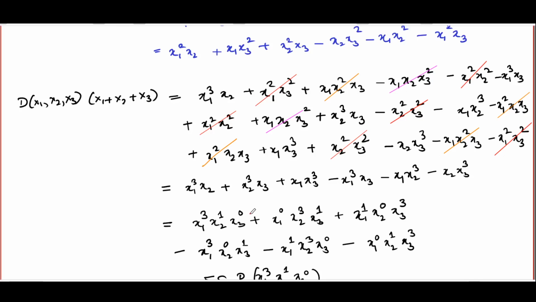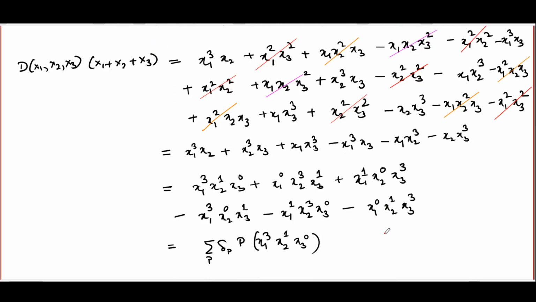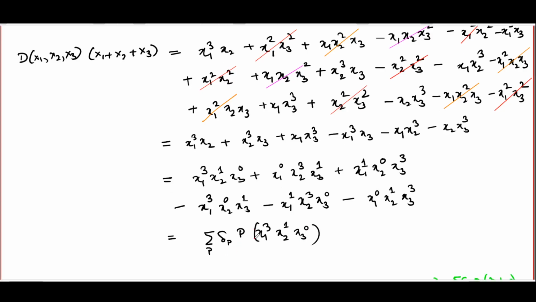Then another cyclic permutation gives you 1, 0, 3, and these are all even permutations. The odd permutations give you 3, 0, 1, 1, 3, 0 and 0, 1, 3 respectively. So this, as promised, is actually delta p times the operator p acting on x1 cube, x2 to the power 1, x3 to the power 0, summed up over all possible permutations, of course.